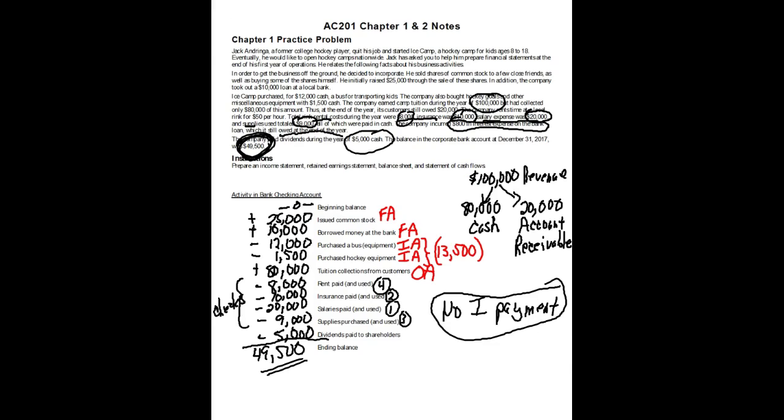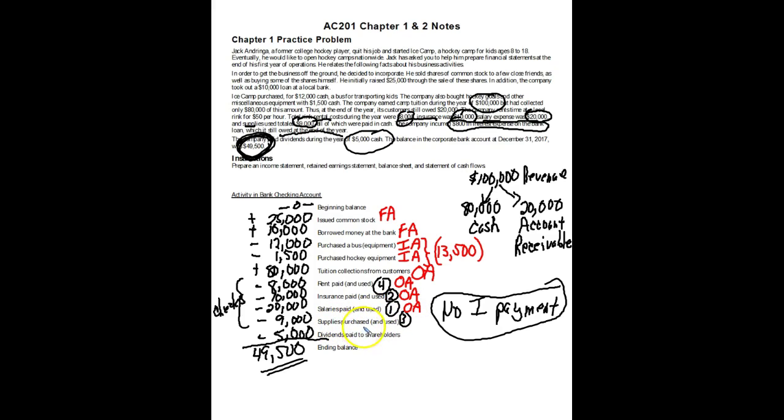Okay, let's go back and look at what we have remaining. We have 4 here, and remember, all 4 of these were expenses. So we had cash paid for rent used, which was rent expense. We had cash paid for insurance used, which is insurance expense. And we had cash that was paid for salaries that were used, which was a salary expense.